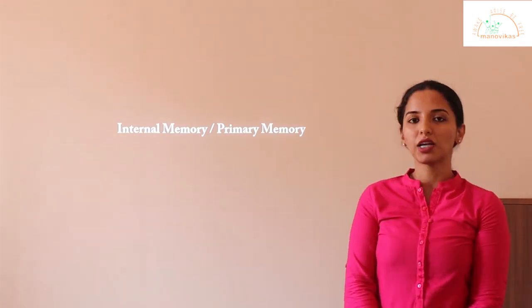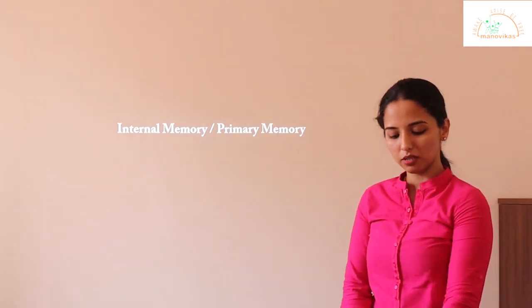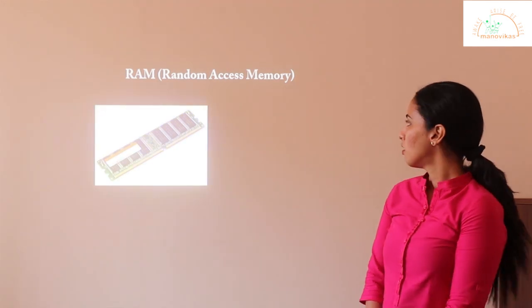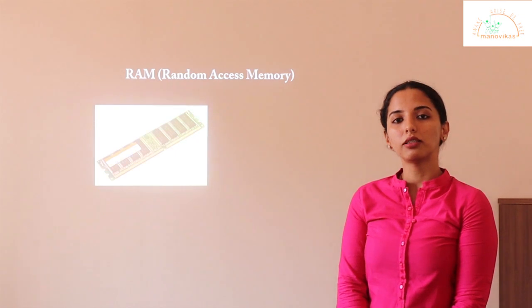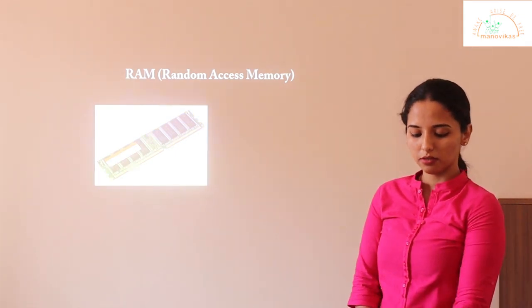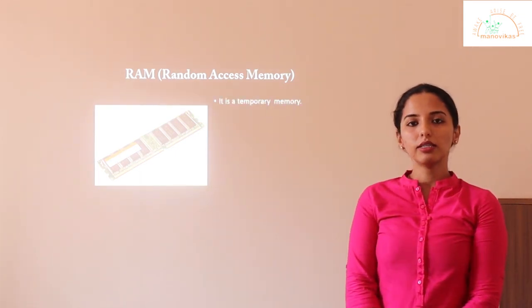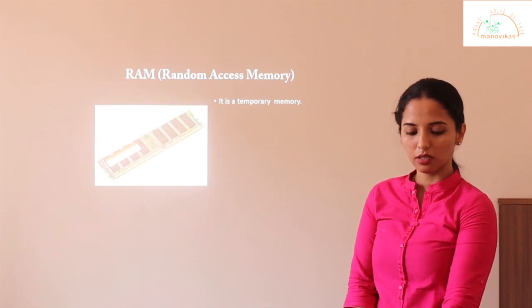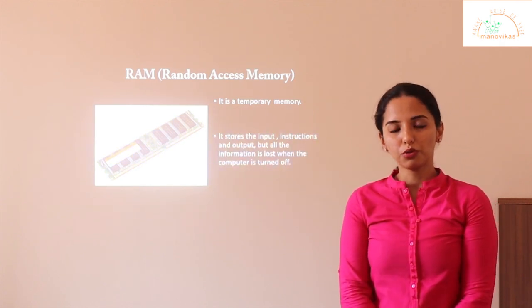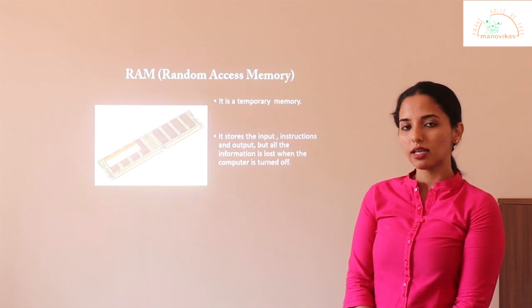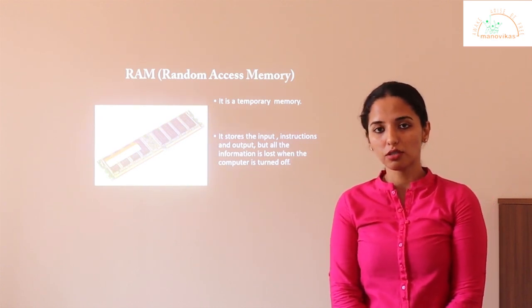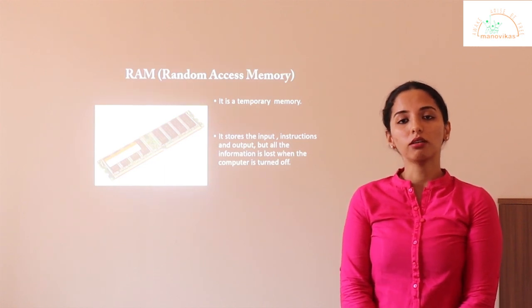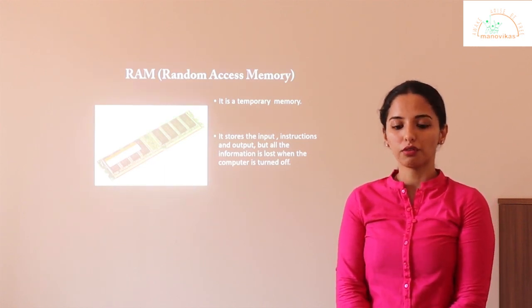Internal memory, primary memory or the main memory. RAM. RAM is known as a random access memory. It is a temporary memory. It stores input and instructions and output, but all of these instructions are lost when the computer is turned off.